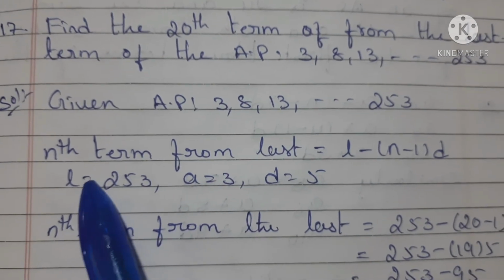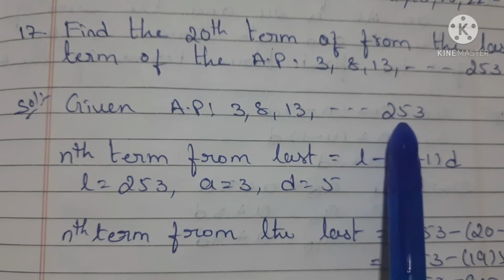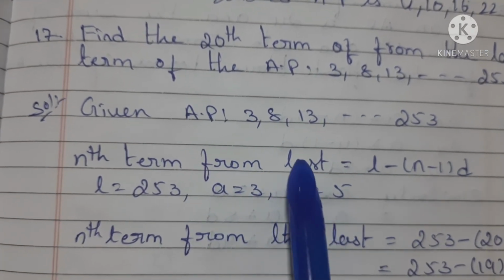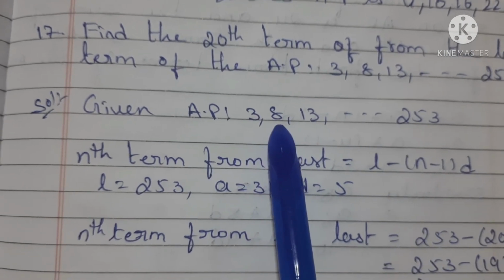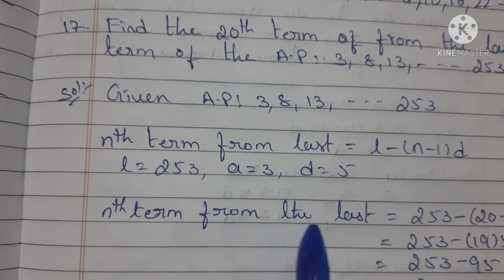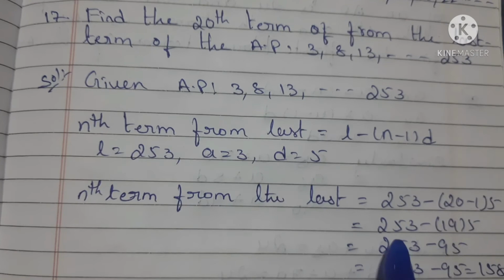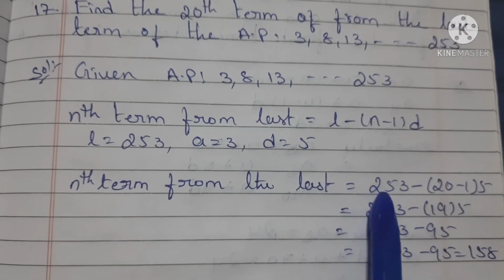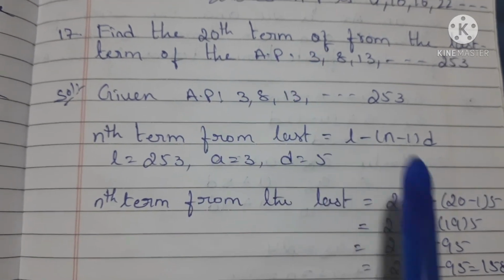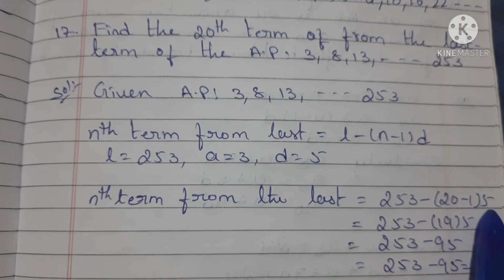Now, here L is last term, that means 253, and a is first term 3, and d is equal to a2 minus a1, that means 8 minus 3 is 5. Now, nth term from the last is equal to L minus n minus 1 into d. That means here L is 253 minus n, 20th term, that means n is equal to 20, minus 1 into d value is 5.